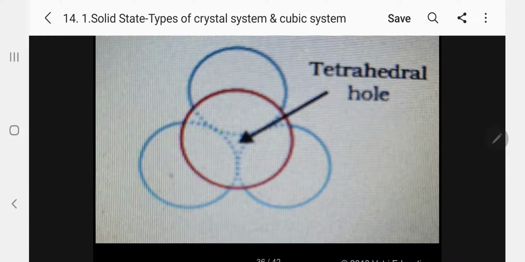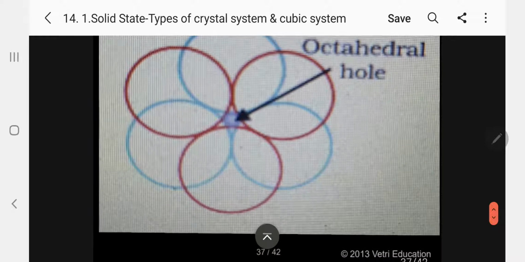So this is called tetrahedral. That means one of the atoms of the second two-dimensional layer is exactly placed over the hole. Over the hole, it is called a tetrahedral hole or void. I hope you have understood.